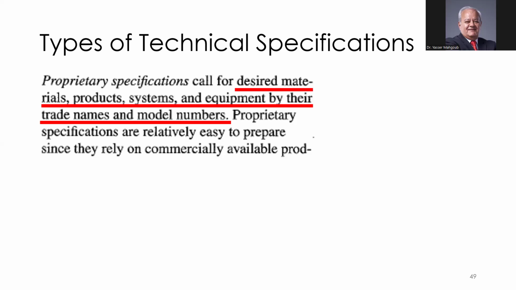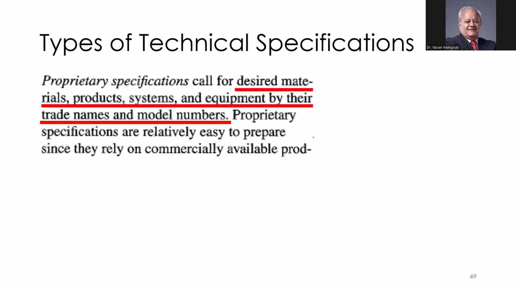The proprietary specifications call for the desired materials, products, systems, and equipment by their trade names and model numbers. So they are very specific. I want this model, I want this number. This is sometimes not acceptable to governmental agencies because they want the bidding to be competitive.